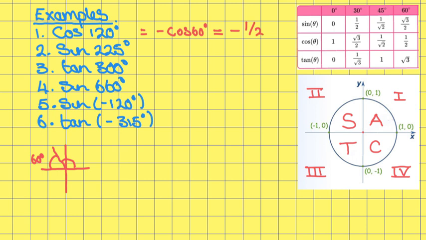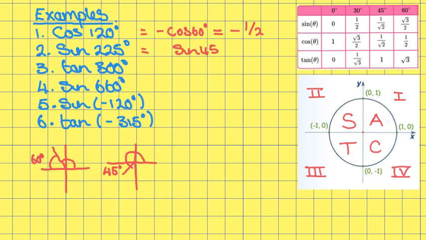Now, if I go to the second one, I want sine 225. A quick diagram: 225 is that angle there. So this angle here, the acute angle, is 45 degrees. So that's equal to sine 45. Now I've just got to decide whether it's positive or negative.